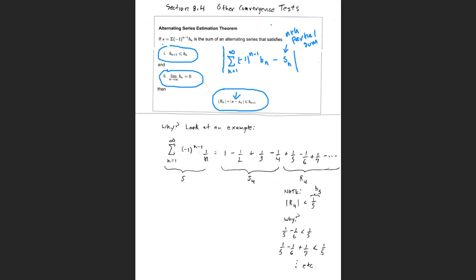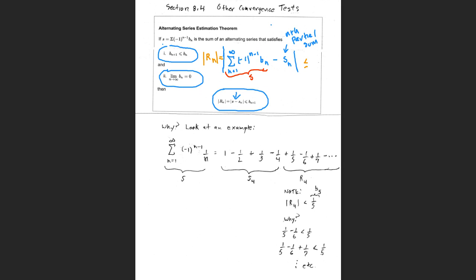And we often denote the sum of the series by S. So the difference between the true sum of the series and the nth partial sum is called the remainder. And you saw that back in section 8.3 with the remainder estimate for the integral test.